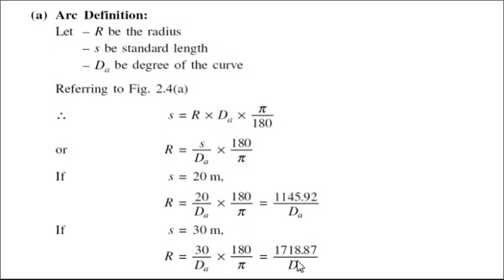So we will get another formula, 1718.87 divided by dA. Just substitute the degree of curve and we will get the radius. At the same time, if the radius is known, we can find the degree of curve by these formulas. Next slide.